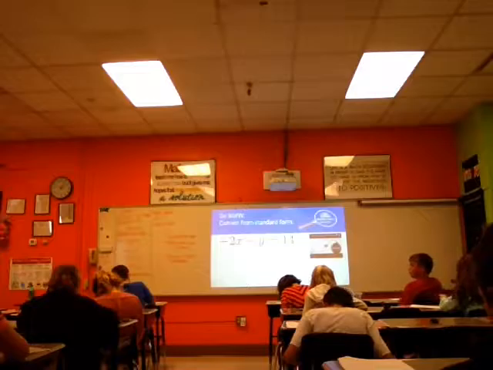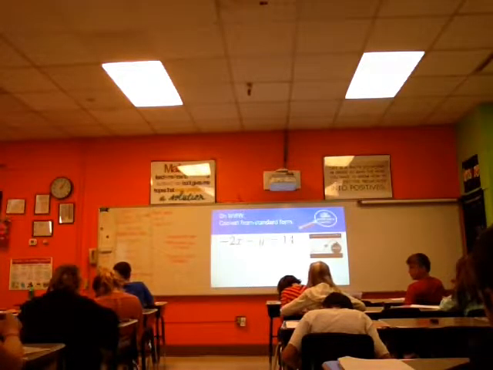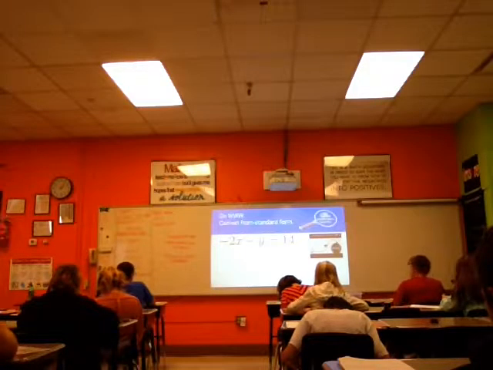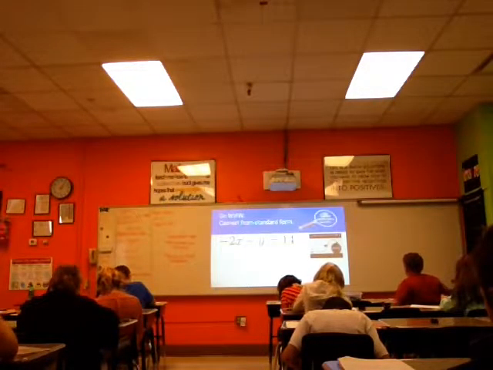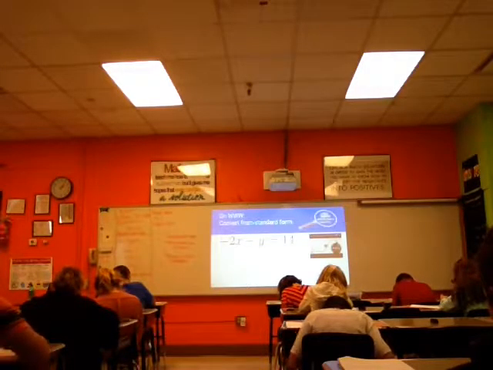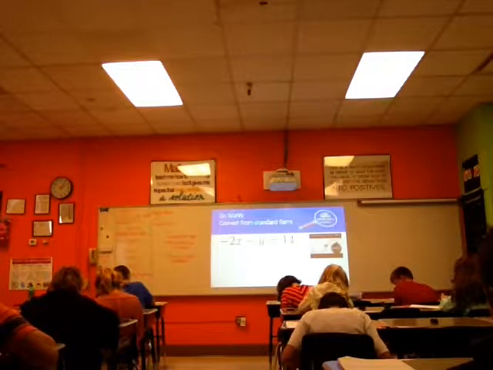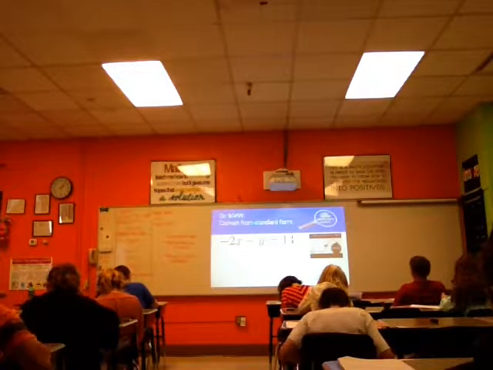What operation do I do here? Negative 1. Not close enough. When you have a number next to a variable, what operation? How would I normally solve that?